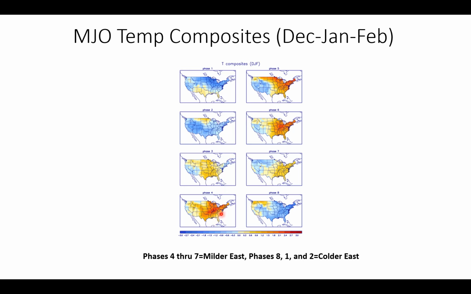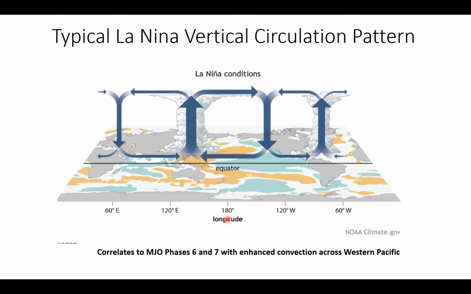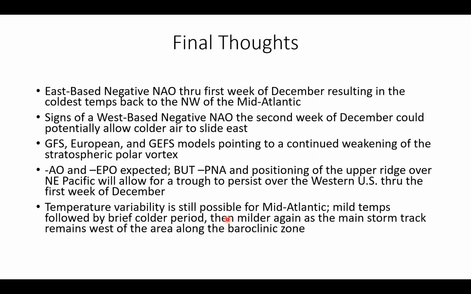If I get MJO in phase 4 and 5, that is my worst nightmare for the winter. Because that most likely means I have a southeastern ridge on steroids off the southeast coast. And now all the cooler air back to the west just can't get here. It's like running into a roadblock, okay? Those coldest temperatures remain well off to our northwest.